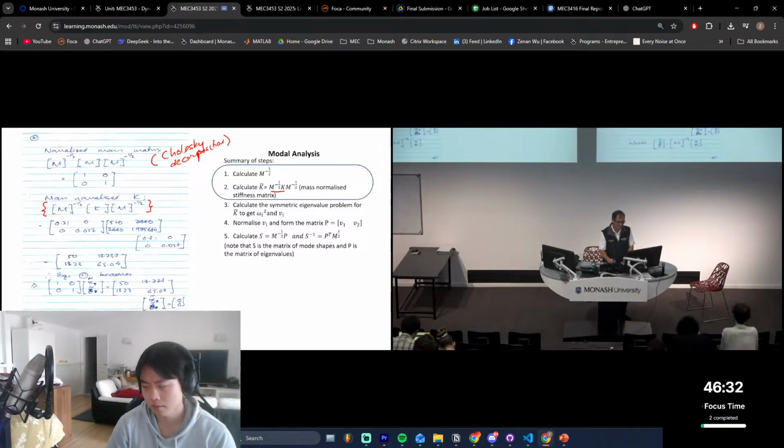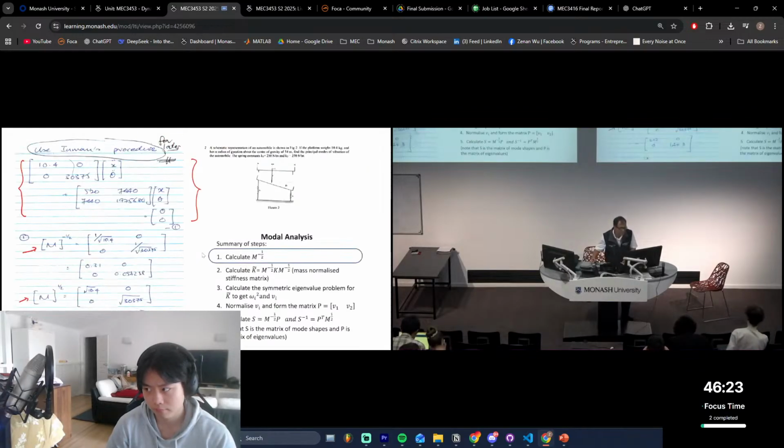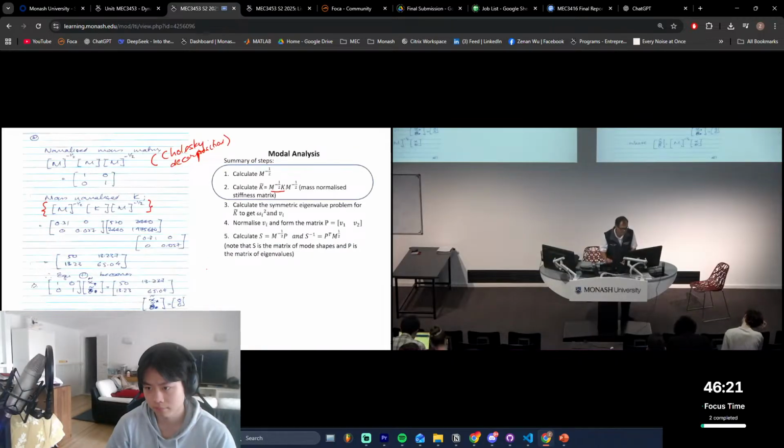What that means is, if I define a new generalized coordinate x bar and theta bar to be in terms of the inverse square root of the mass matrix, and this is our original generalized coordinate.